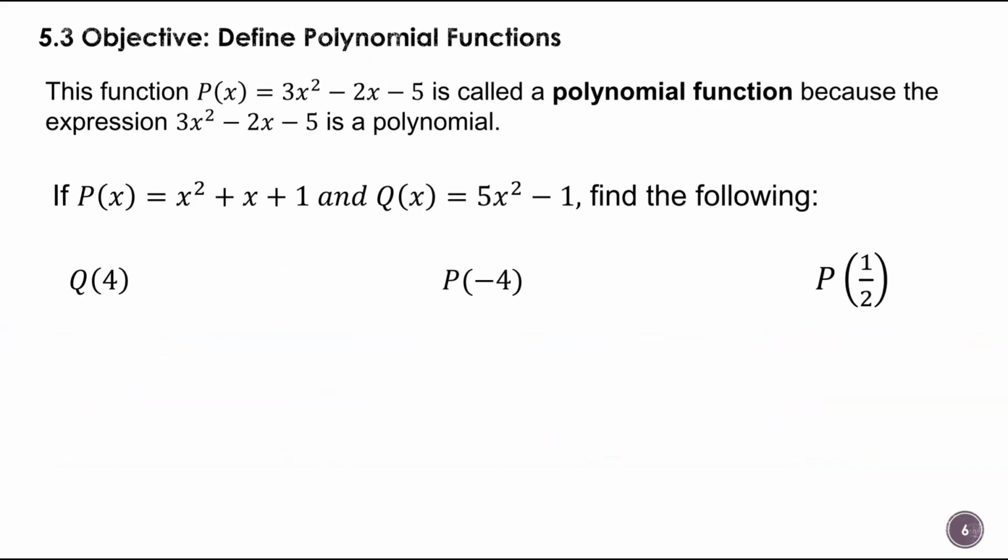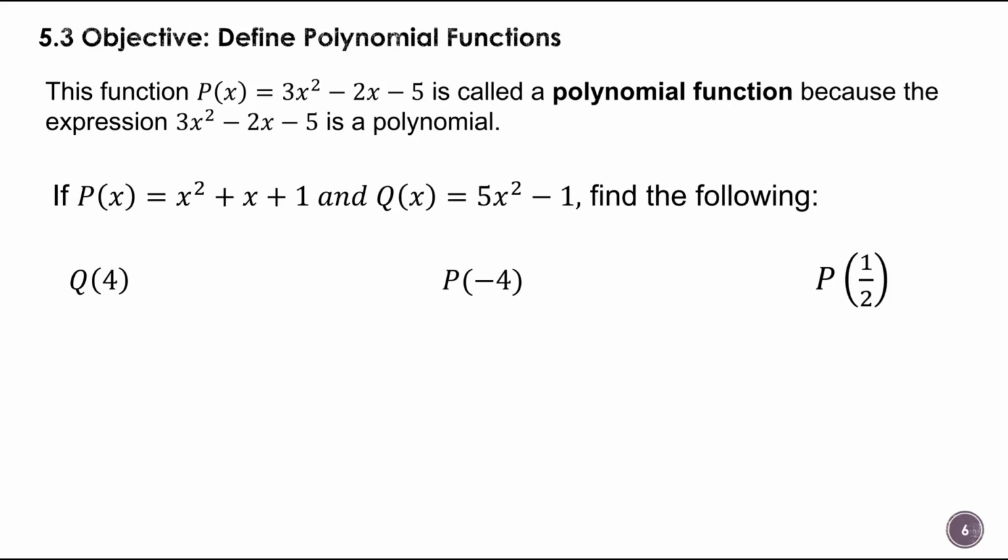Okay, so this is about functions, and we're going to be finding the value of some functions. Notice it says this function p of x equals 3x squared minus 2x minus 5 is called a polynomial function because the expression 3x squared minus 2x minus 5 is a polynomial.